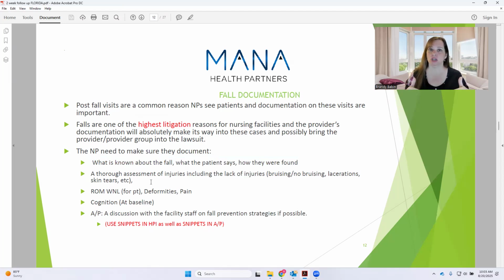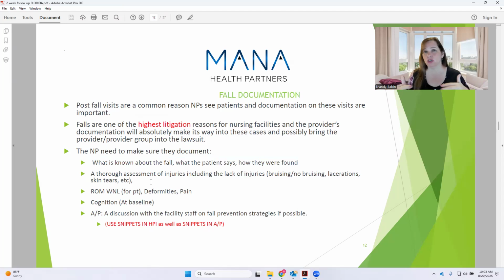And then cognition. If they're confused, I'm wanting confused at baseline, because if you have alert and oriented patient that's confused, they need to be transferred to the hospital for a CT scan. So we want to say, if we're doing a cognition and they are confused, that they're confused at baseline, or that they're confused, new confusion, unable to remember what happened during the fall.